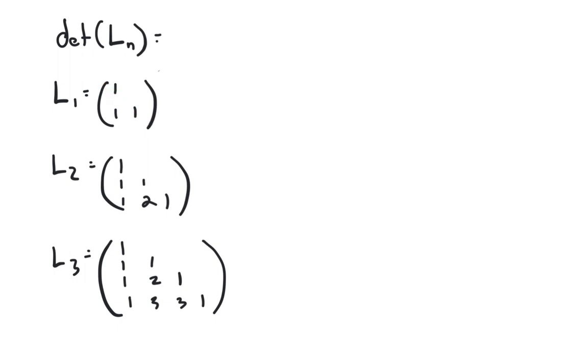So whenever you have an upper triangular or a lower triangular matrix, you can find the determinant just by multiplying along the diagonal. You could imagine doing some sort of cofactor expansion, but it turns out you can just multiply on the diagonal. And you can see with all of these, we're indeed just going to get 1. So that's nice. The determinant of any of these Ln's is 1.